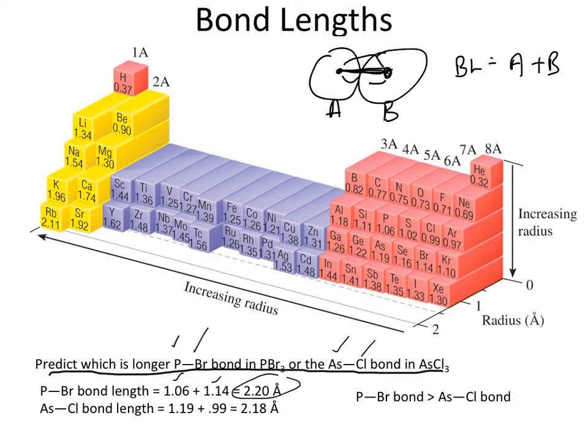This gives you a value of 2.20. Same thing for your arsenic and chlorine radii. You sum them together. And from this calculation, the P-Br bonds are going to be slightly longer than the arsenic-chlorine bonds.